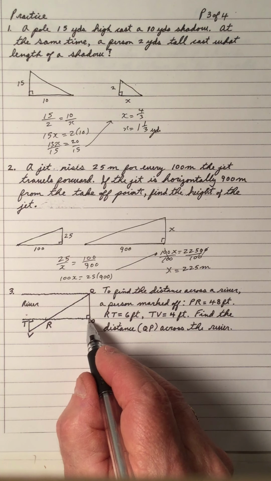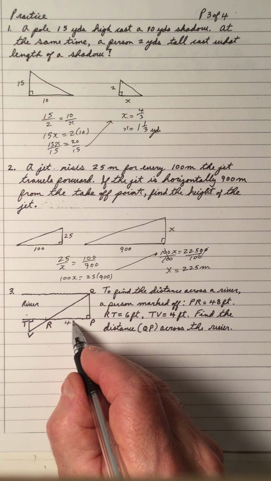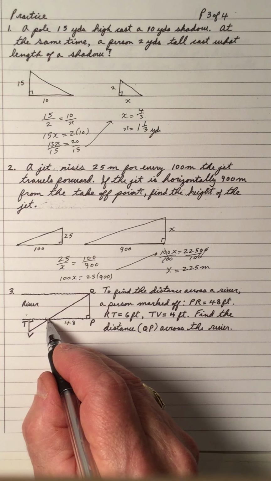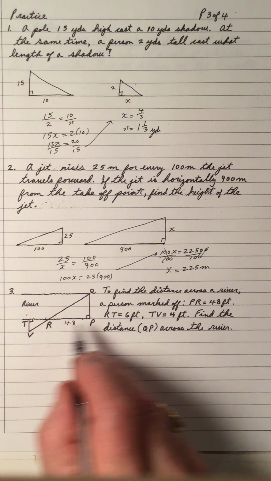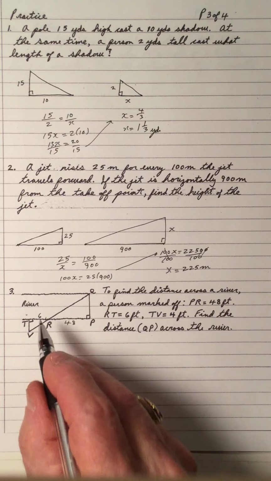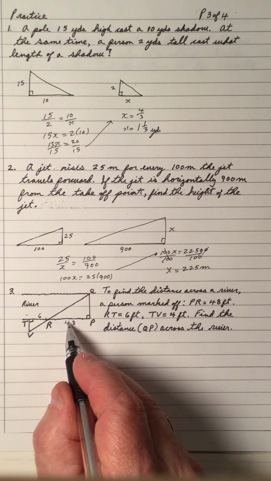You can leave P and go to R, and that's 48 feet. So we leave here and go 48 feet, and then leave here and go 6 feet. Now the reason I did 48 and then 6 is that 48 is 6 times 8.